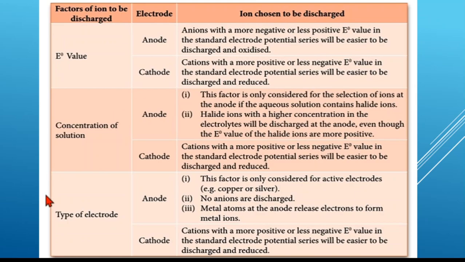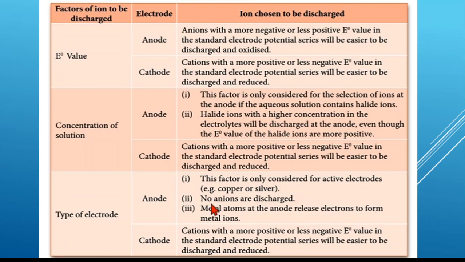Okay, the third factor, the type of electrode. Di anode, this factor is only considered for active electrode, for example, copper or silver. No anions are discharged.